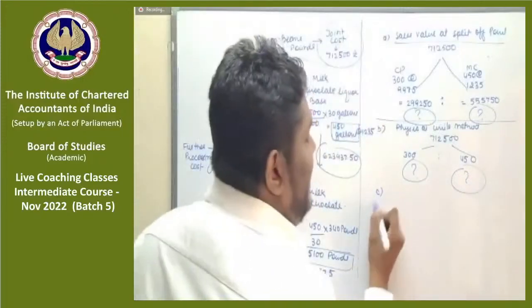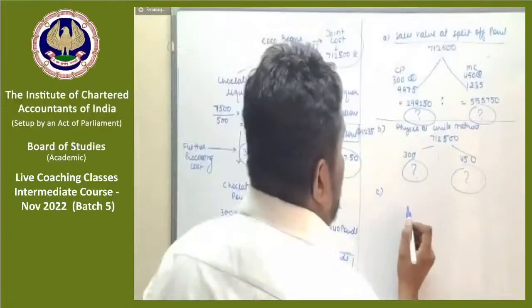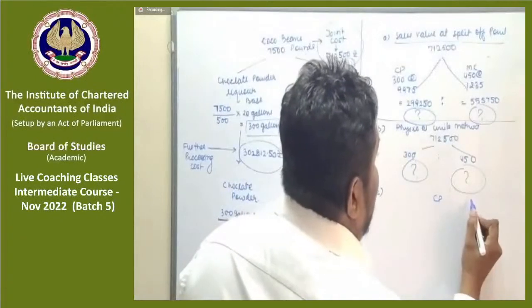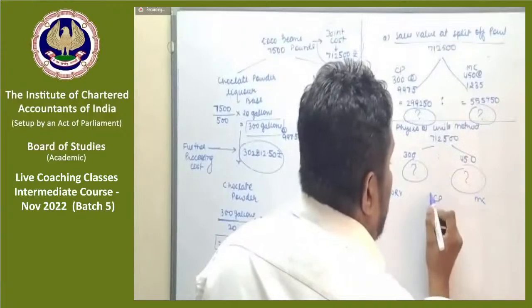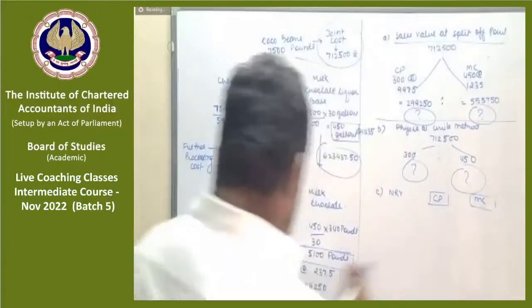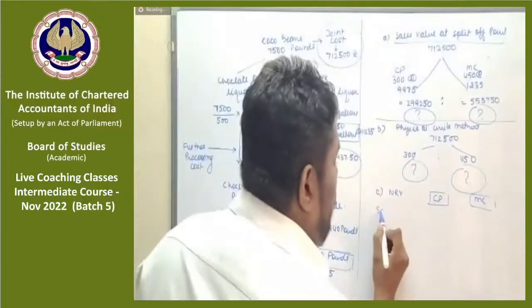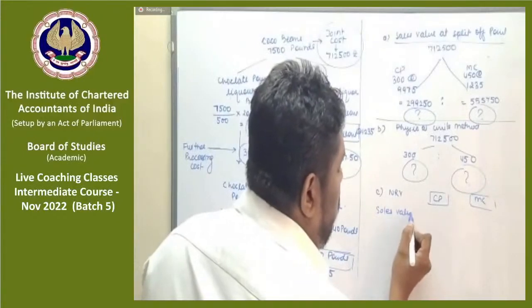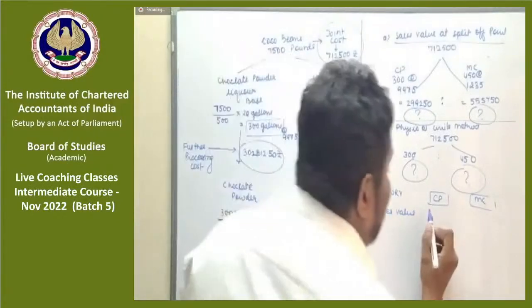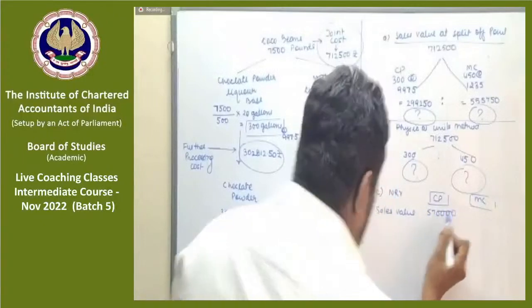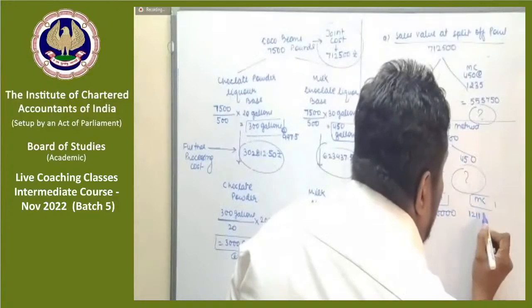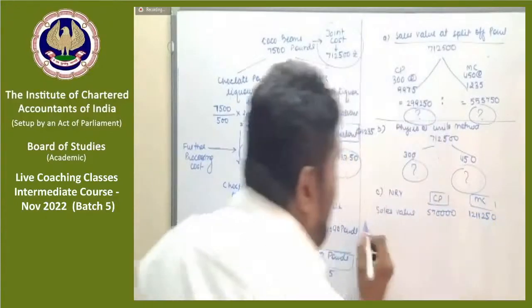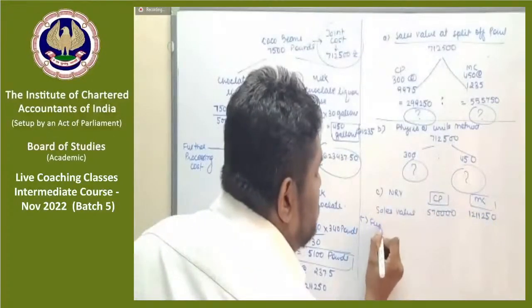The third one is the NRV method, wherein we'll calculate the NRV. That is the sales value 5,70,000 and 12,11,250 minus the processing cost, further processing cost.